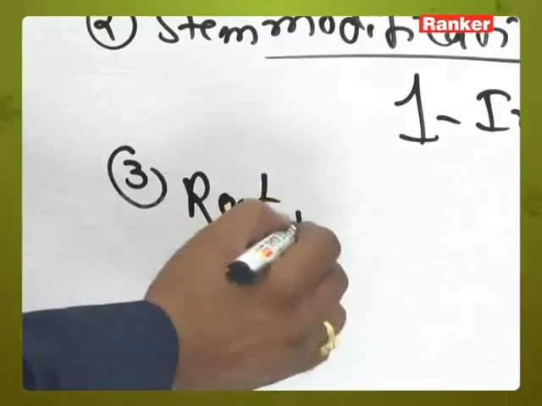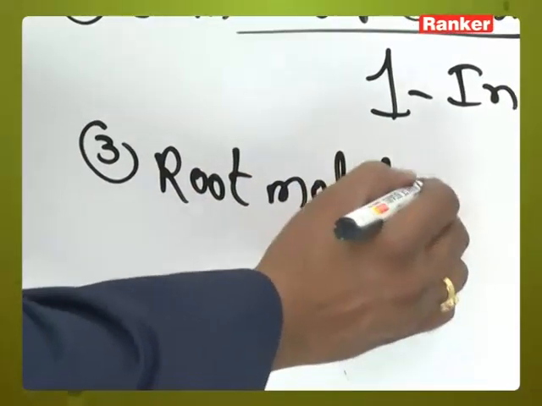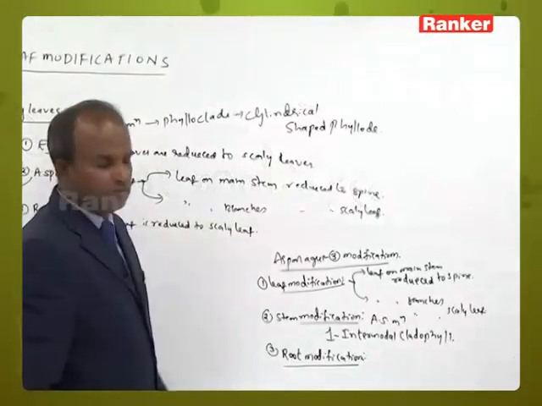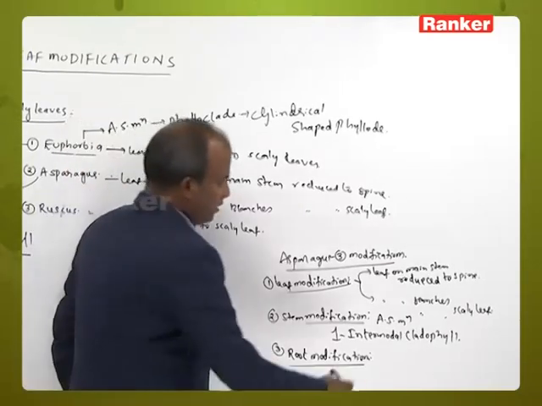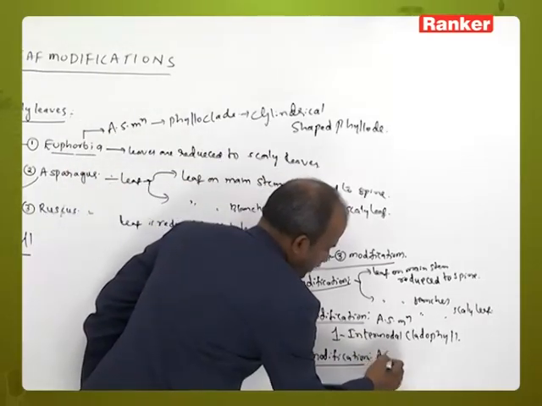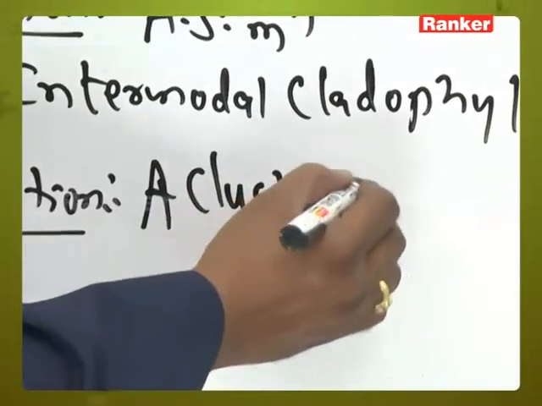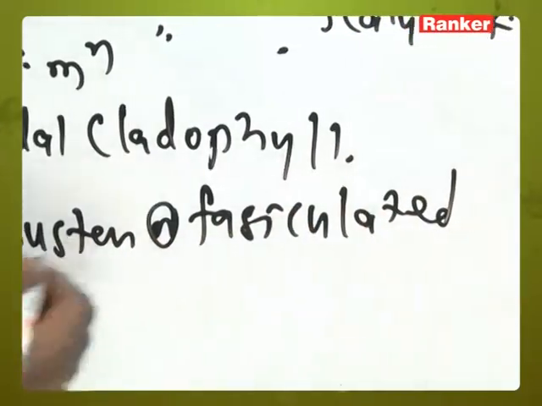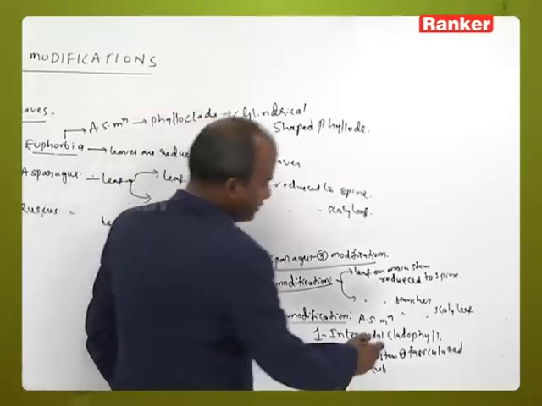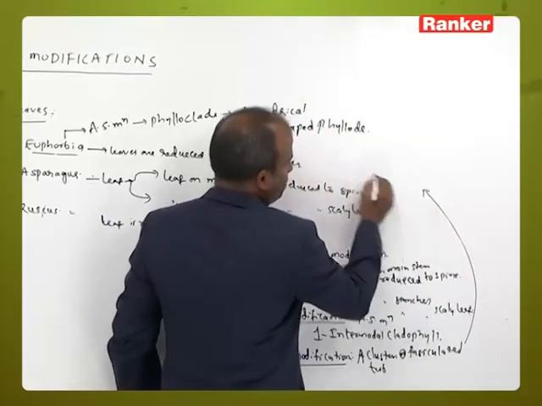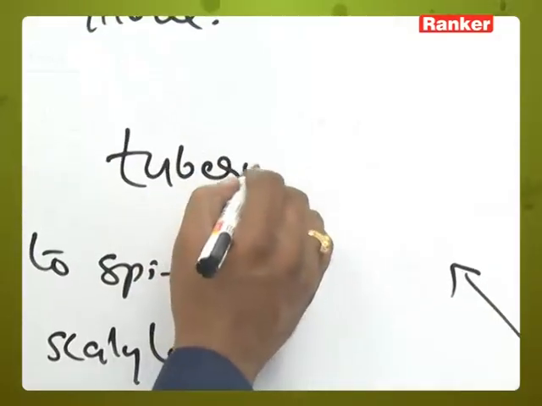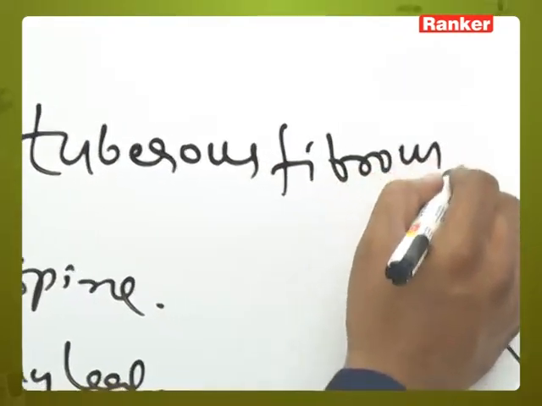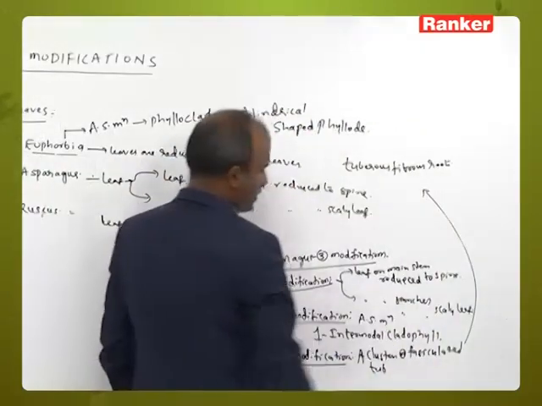Root modification in asparagus is a cluster or fasciculated tuberous, fibrous roots can be seen in asparagus.